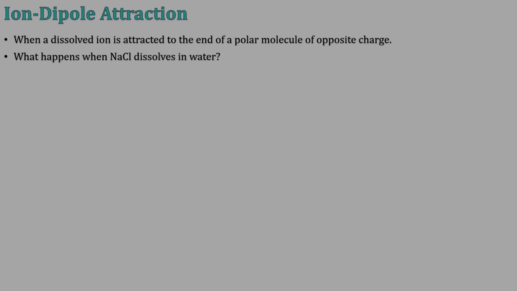All right, an ion-dipole attraction is when a dissolved ion is attracted to the end of a polar molecule of opposite charge or opposite partial charge. So if we look at what happens to sodium chloride when we dissolve it in water, we have sodium chloride, and then we dissolve it in water, and they dissociate.